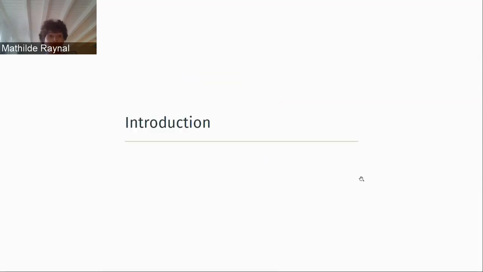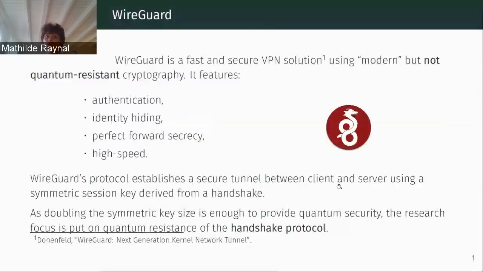So let's dive in already and start with a quick introduction about WireGuard itself. WireGuard is a fast and secure open source VPN solution. It is using modern cryptography and has several nice security features as listed on the slide, and overall high performance. The WireGuard protocol works in two steps, basically. First, there is a handshake that is performed between client and server.